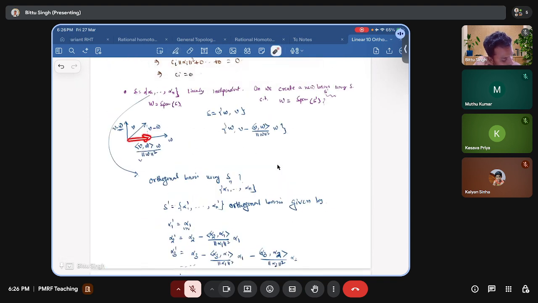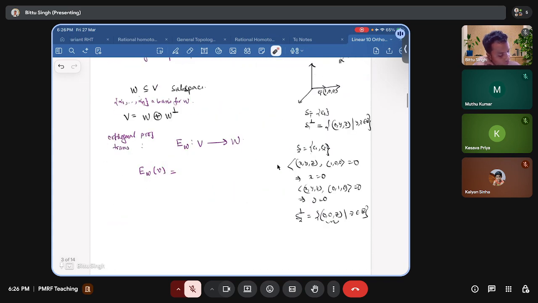This vector was phi, and this is the projection of phi along W. But now there are many directions, W1, W2, etc. So here I need to add the projection along W2 also. In general, the formula will look like this: V comma W1, projection along W1. So this is capital W actually.